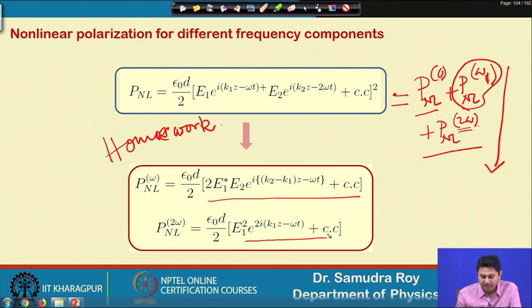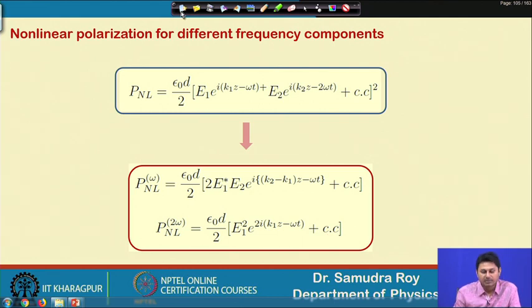I will explain it, but I want you, the students, to work it out by your own hand. So, let me try to understand how these omega and 2 omega components arise. When I make a square of this term, what will happen?